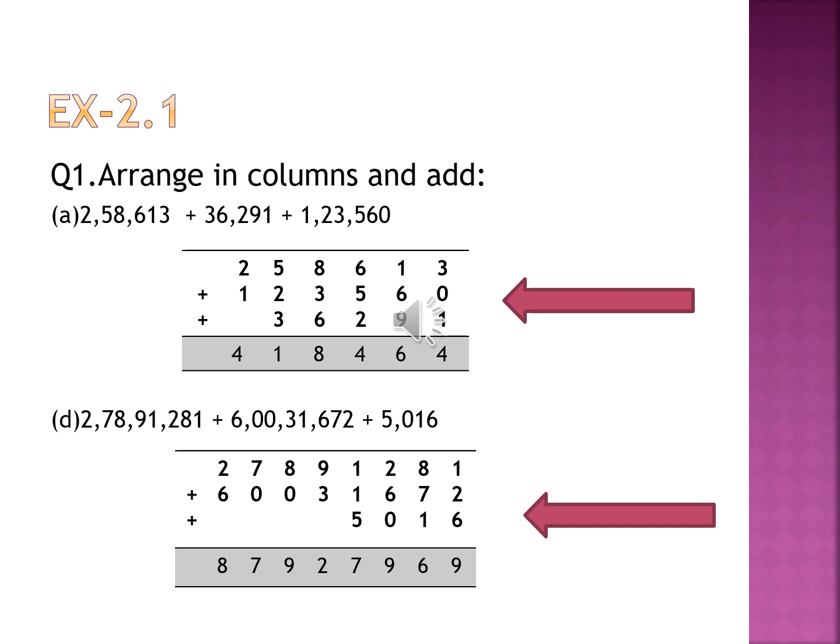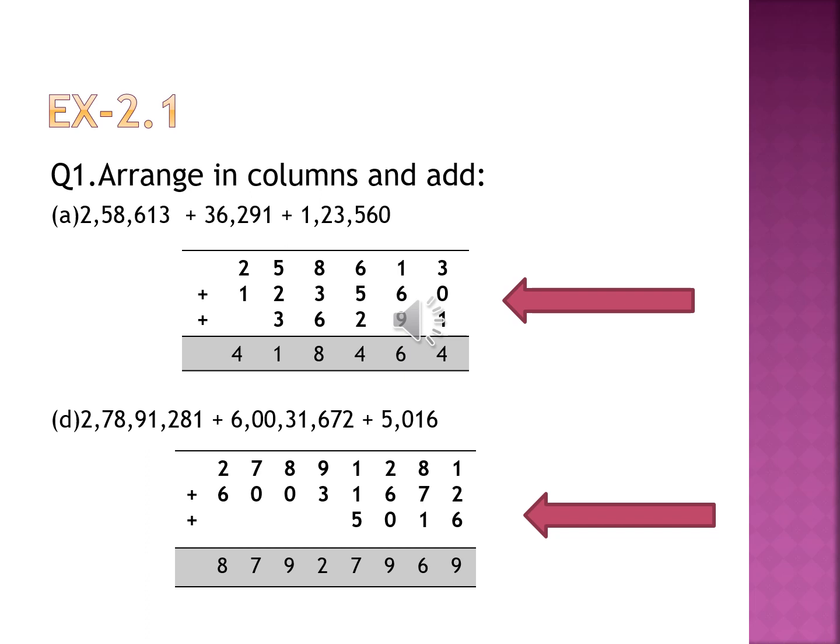Also be careful about writing the digits under the previous digit. Like we have 3 addends here, all the 3 addends have ones place, so the ones place should be in one line, the tens place should be in another line, the hundreds place in another line, and the numbers should be in straight columns. This is what we have to be careful about.